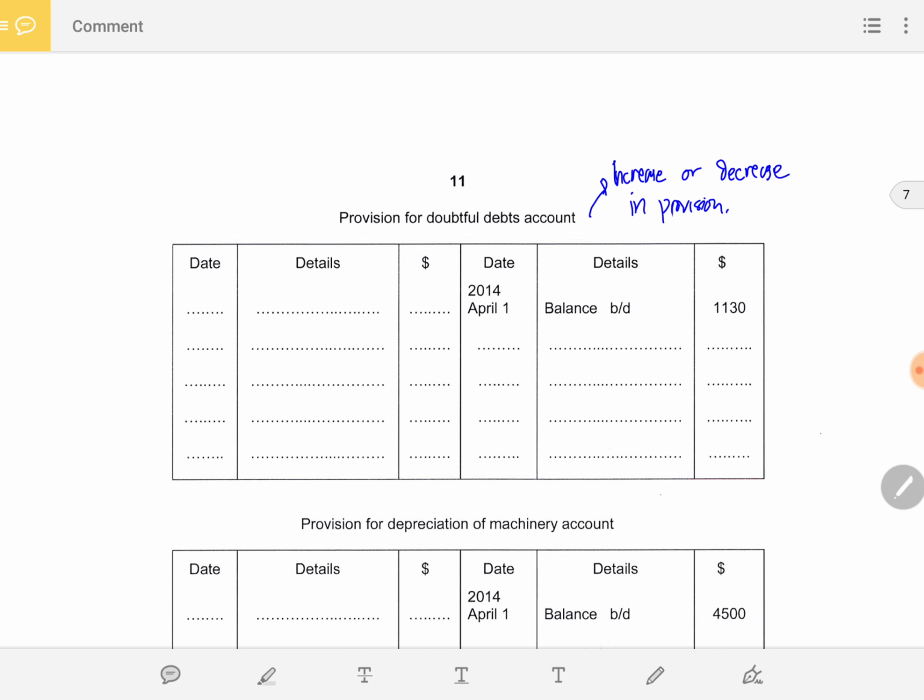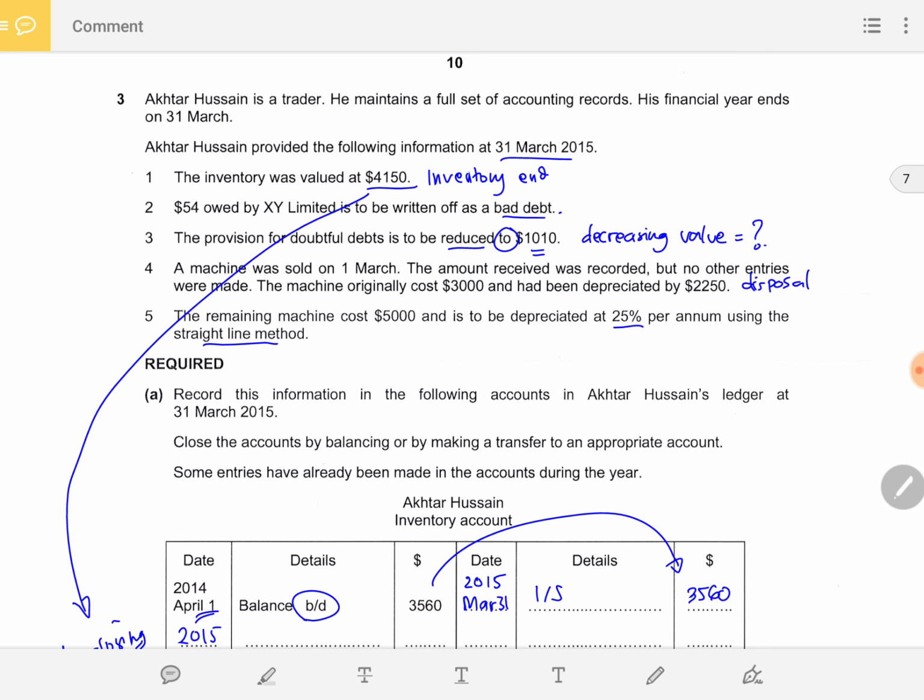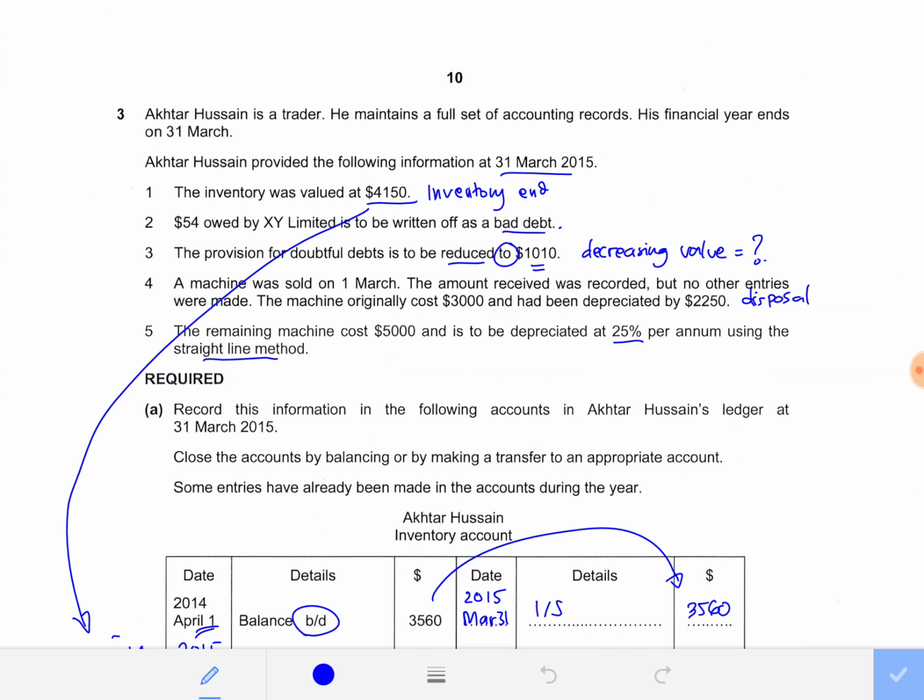The information about provision for doubtful debts is given in number 3. It said it is to be reduced to, that means at the point of 1,010 right now, not by.